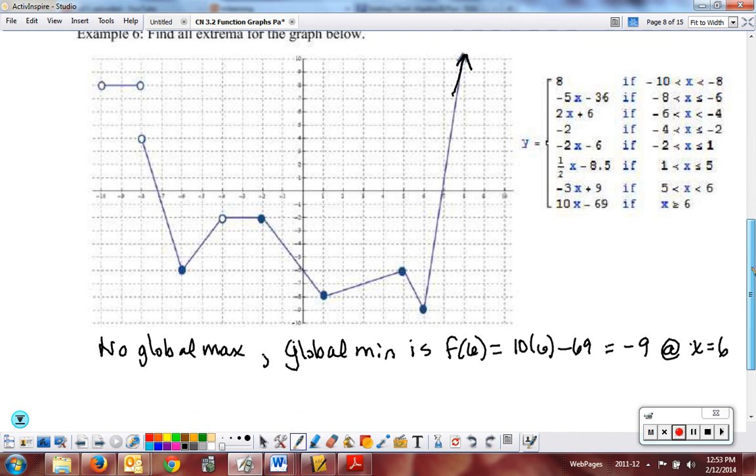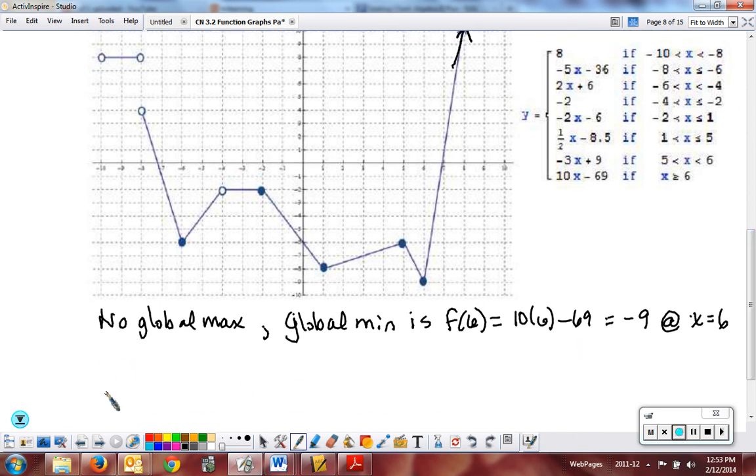All right, now we're going to start doing the relative ones, and those are typically a little bit harder because there's more than one of them, and we're only looking at a portion of the graph. So let's start with relative. Let's do maxes. Start on the left. I like to start on the left and scan through. Anybody see a y value that I would consider to be a relative max?